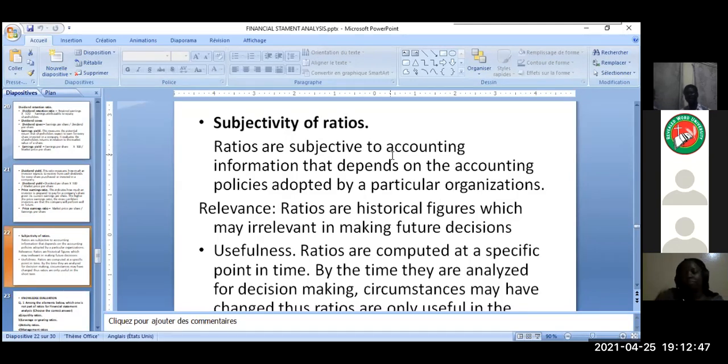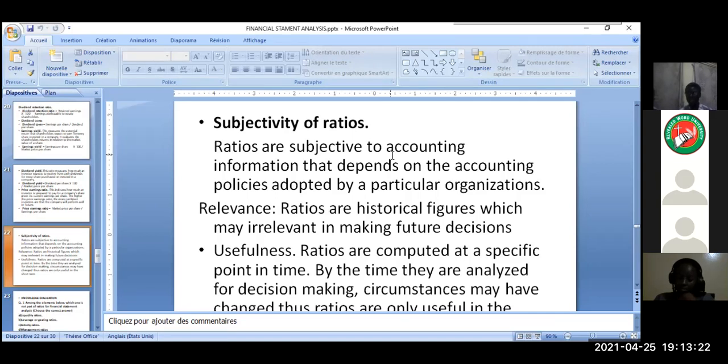Remember, for all the formulas that are applied in financial statement analysis, the information needs to be sourced from the financial statements. Without the financial statements, I mean the income statement and balance sheet, we cannot calculate or analyze. So all the information is accounting information.